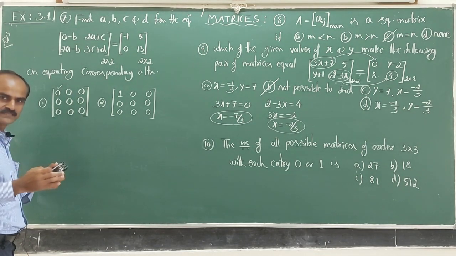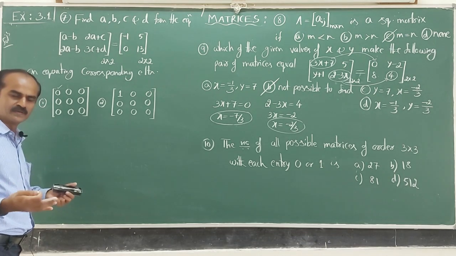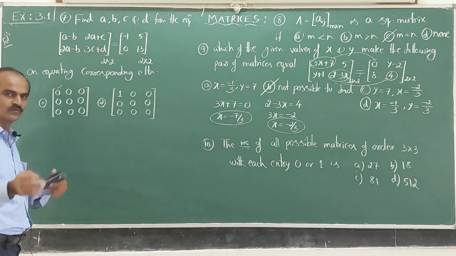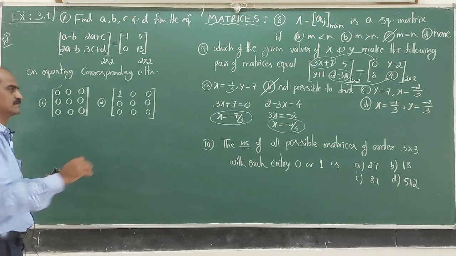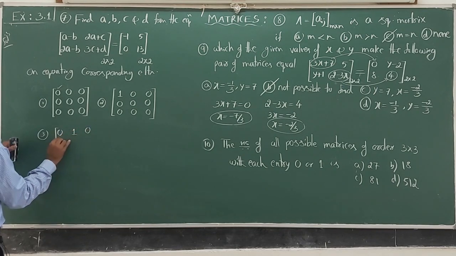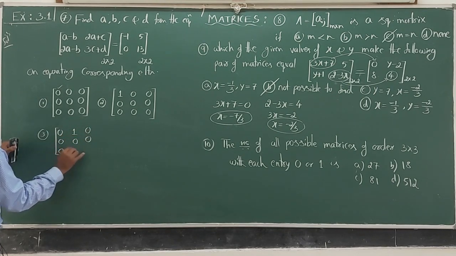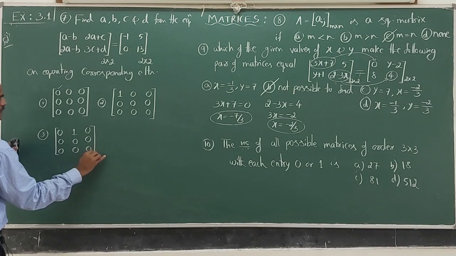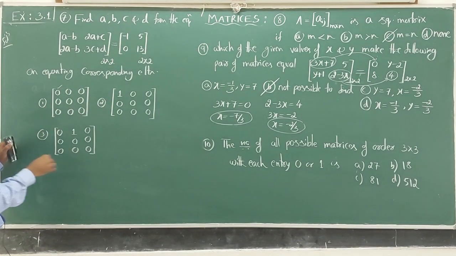So they are different matrices. Required to construct all possible matrices of order 3 by 3 whose entries are either 0 or 1. This is the second one. Now let me write one more. This is third one, different from 1 and 2.